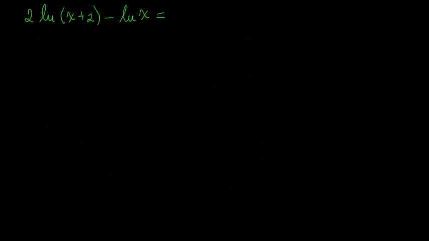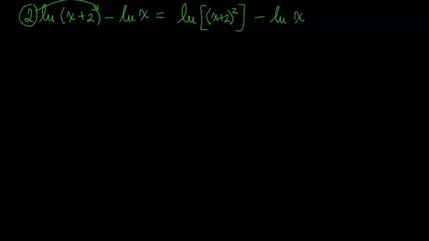How about the example 2 multiplied with ln of x plus 2 minus ln of x? Well, again, let's first pull the powers in. So I get the x plus 2 in parentheses here squared. I pulled this 2 back inside my ln, and then since there's no power here, I just have minus ln of x. And now finally what I can do is combine these two.